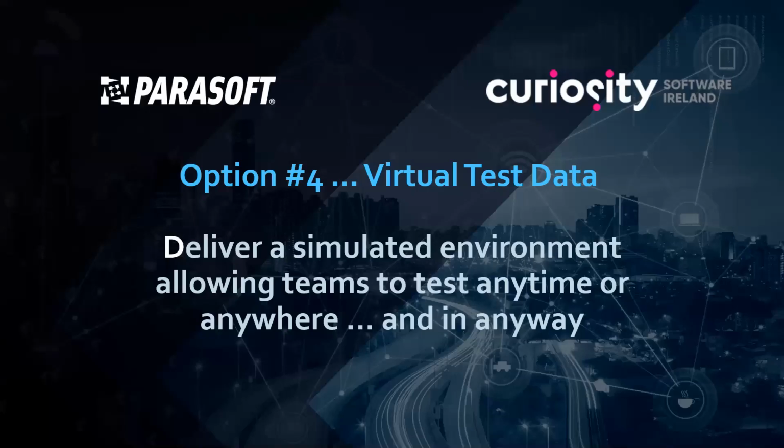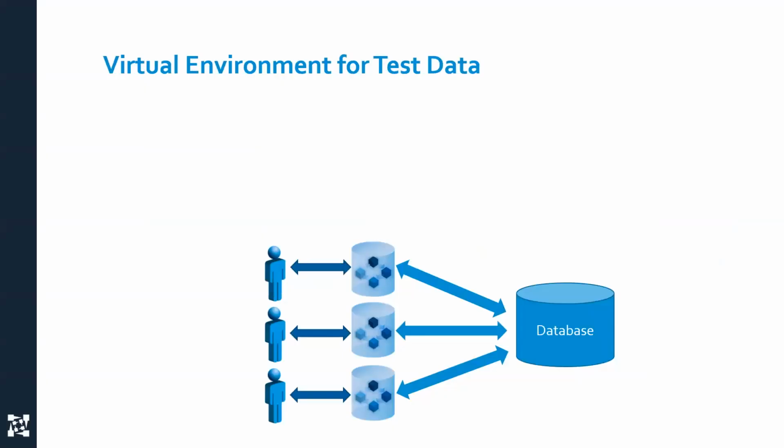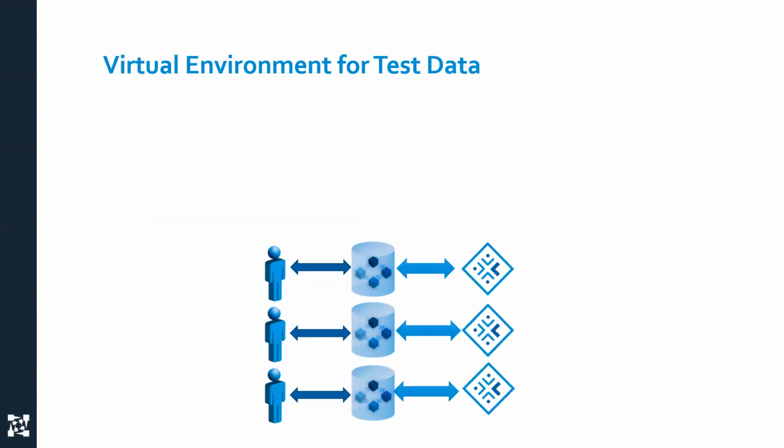So there's a fourth option. That fourth option is virtual test data, which is the process of not only simulating the data, but also simulating the database. This allows you to get a simulated environment, allowing teams to test anywhere at any time. The idea is that you leverage service virtualization to record the transactions against the primary database and then create simulated databases.